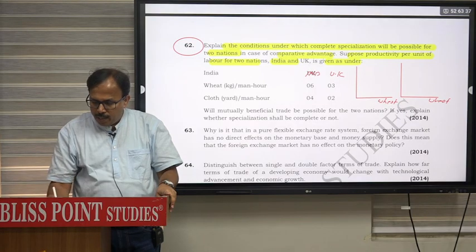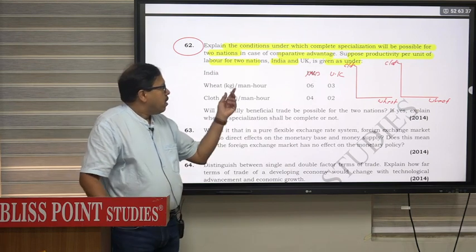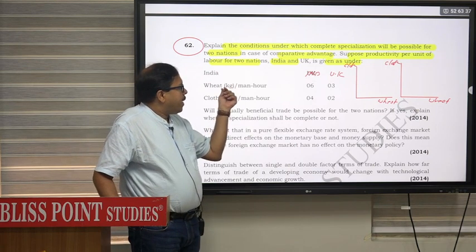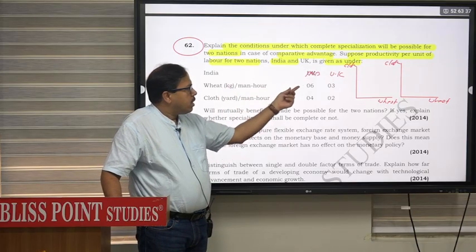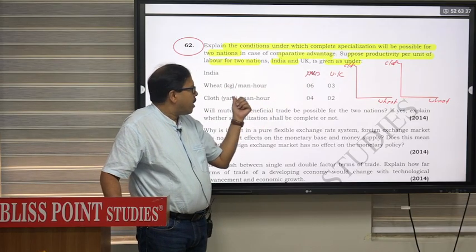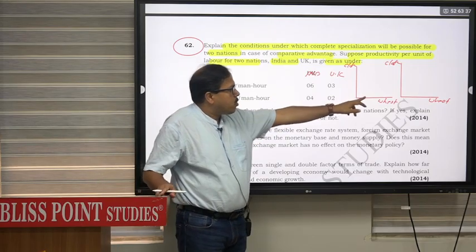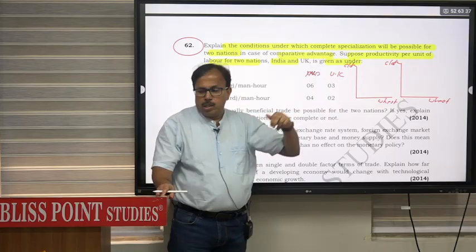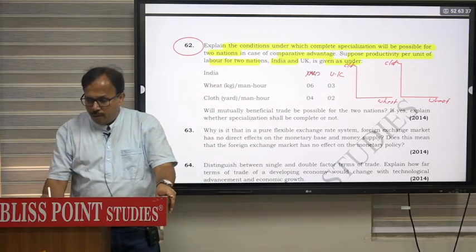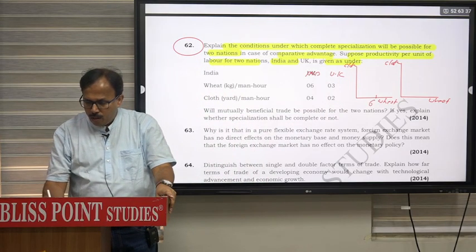So wheat I am taking here and cloth on the vertical axis. How much quantity of wheat in 1 hour? 6. And how much quantity of cloth in 1 hour? Which means either you can produce 6 units of wheat or 4 units of cloth. So I will write here 6 and this is 4.